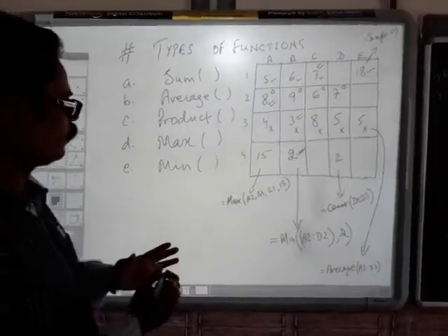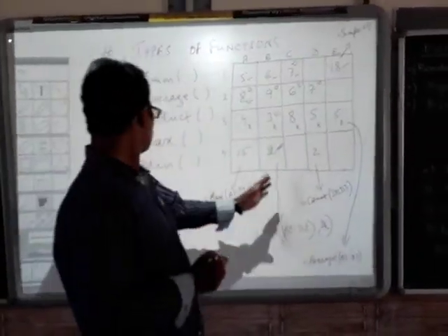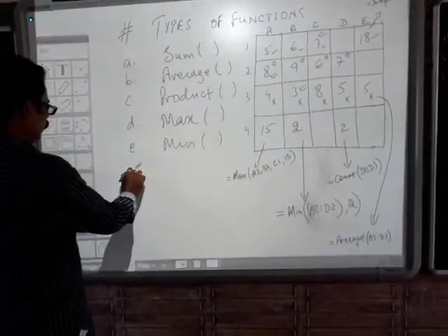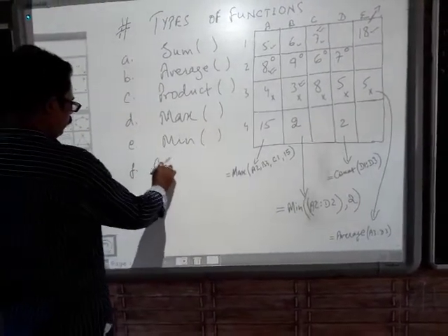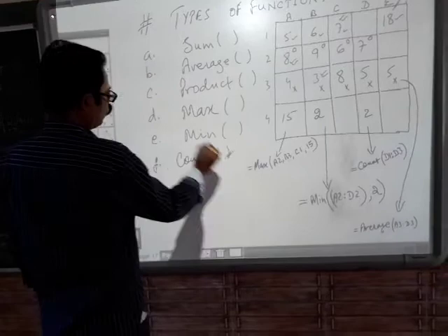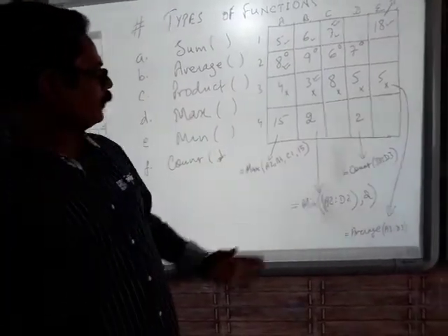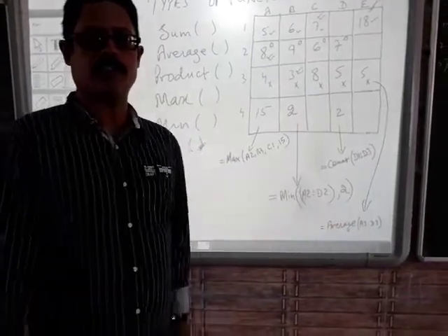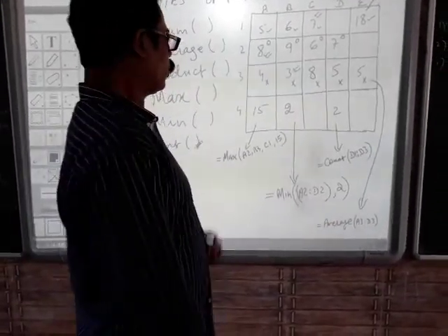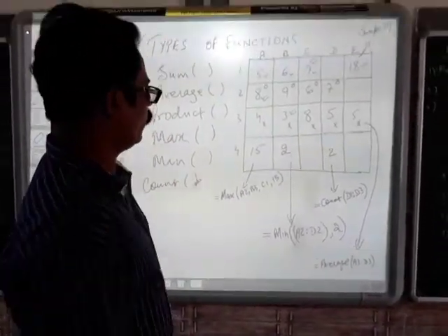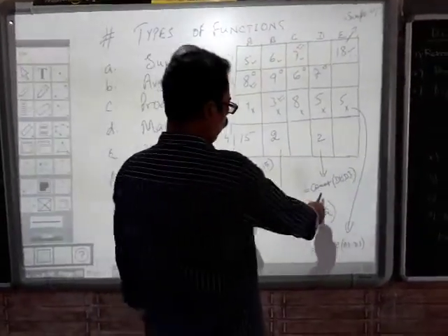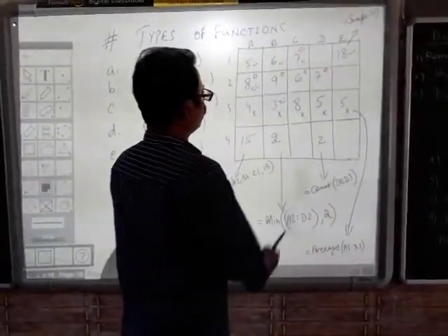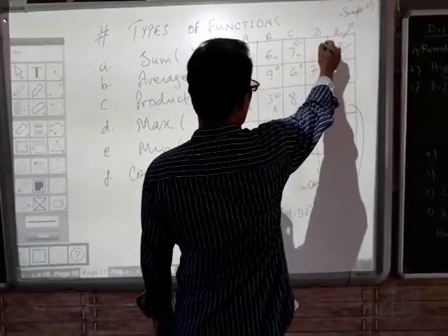Then the last one, another one, is your COUNT function. This count function is used to count only the numeric values that are present in a cell. So the moment we write over here COUNT(D1:D3), that means from D1, this.